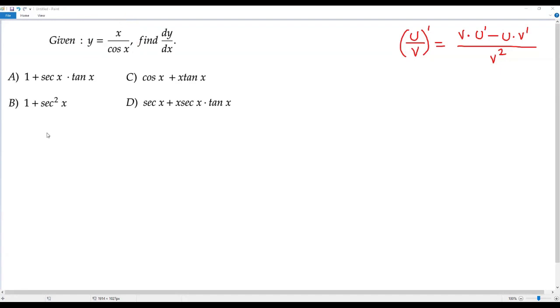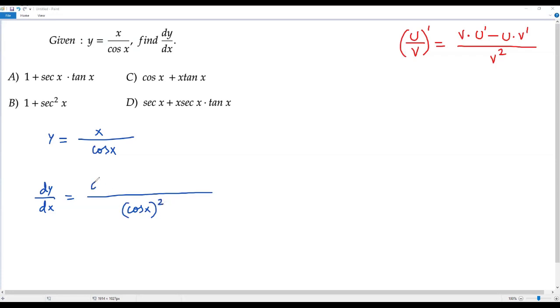Now let me write the given function over here, that is y is equal to x over cosine x. On the left side, if I find the derivative of y with respect to x, it becomes dy over dx. On the right side, we have to apply the quotient rule. First I square the denominator, so I get cosine x the whole squared.